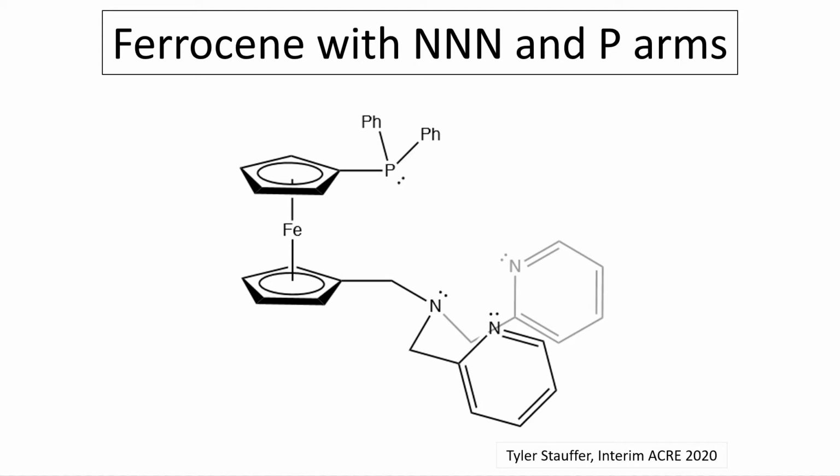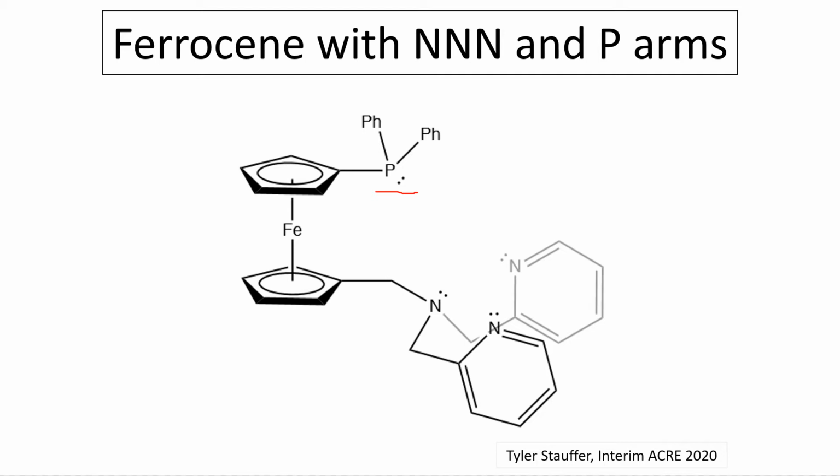Now, what do we do on the other side of the ferrocene? In this figure, on the other side, there is a branch that contains phosphorus. Notice again the lone pair of electrons with which it can bond with the metal on that side.